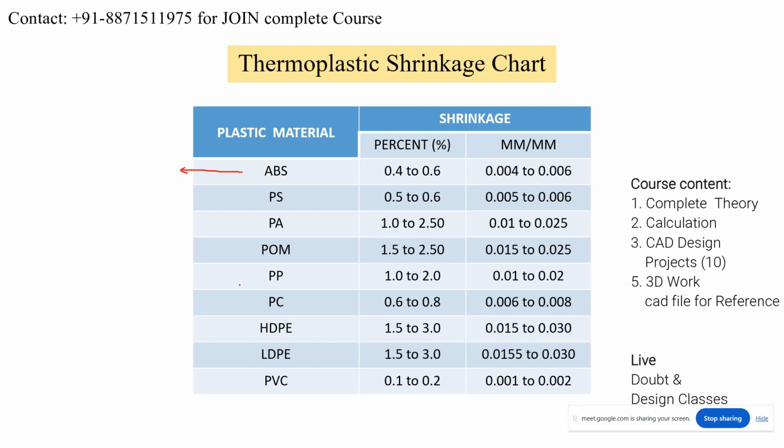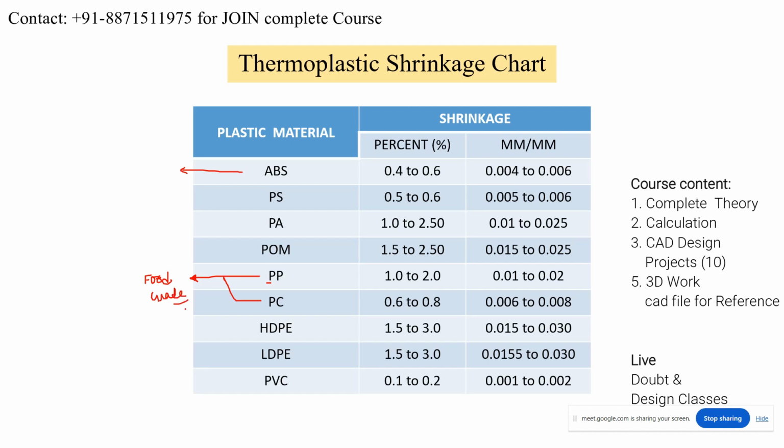For example, for making tiffins or bottles, we have to use PP and PC material. Why? Because this material will not react with the food. So these are food grade materials.